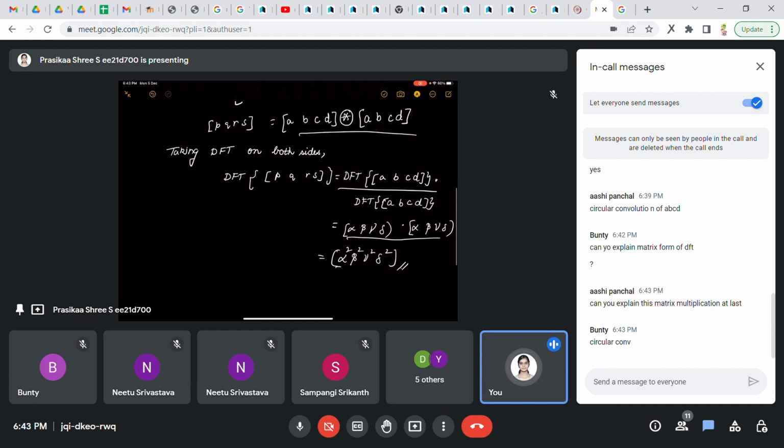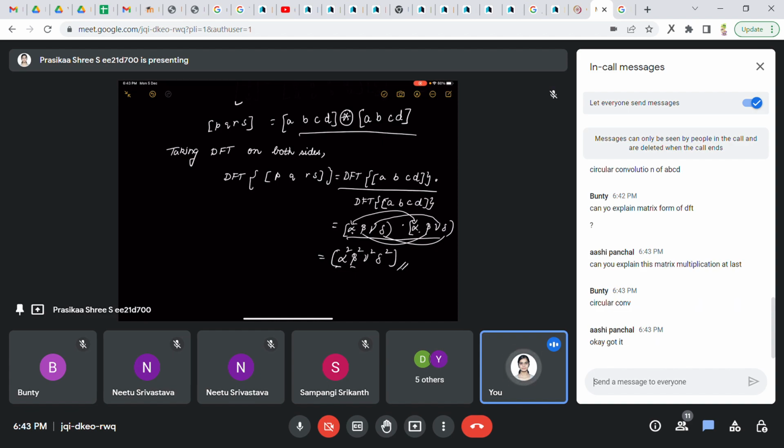When you multiply two vectors, the multiplication happens position-wise: alpha into alpha in the first position, beta into beta in the second position, gamma into gamma in the third, and delta into delta in the fourth. So that's how vector multiplication happens. It happens element-wise. It's not a matrix multiplication.